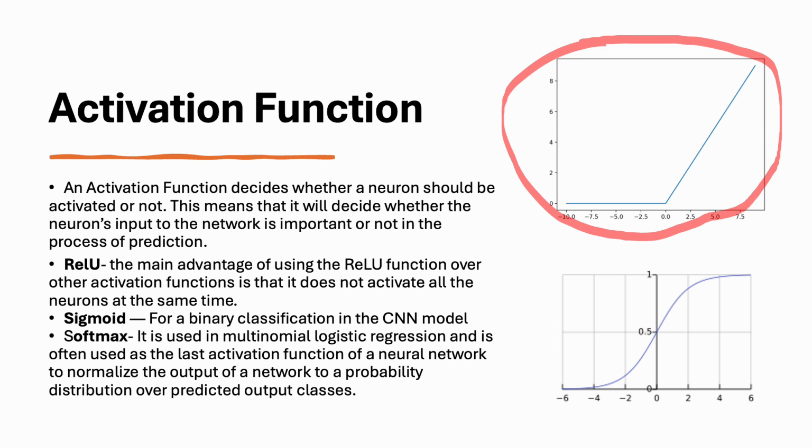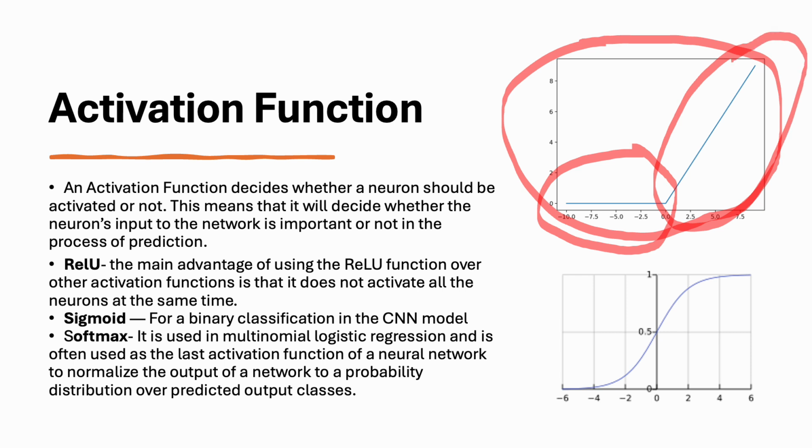The main advantage of using ReLU over other activation functions is that it does not activate all the neurons at the same time. Here you can see this part has a 0 value, and this part has a linear progression. So some neurons will not activate and some will activate if we use this ReLU activation function.